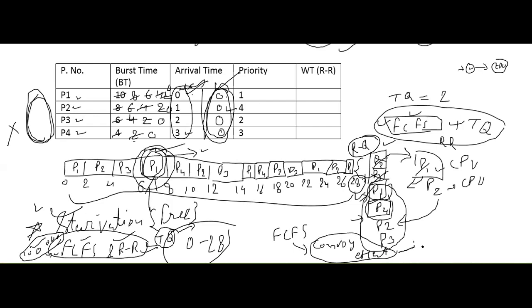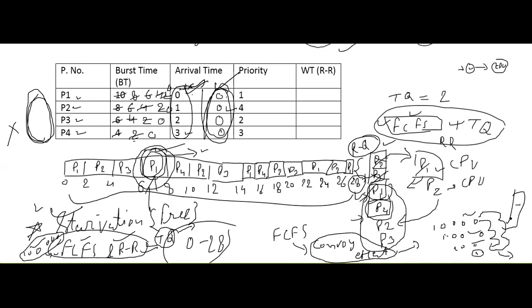Convoy effect says that if a higher burst time process arrives first, and then more processes are arriving, then overall the waiting time of processes will get stacked one by one as per the higher order processes, and this will delay the last process so much.